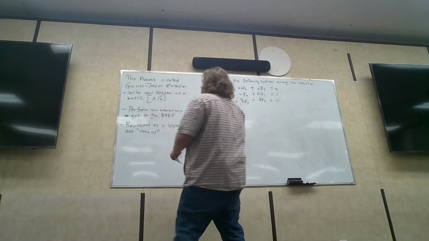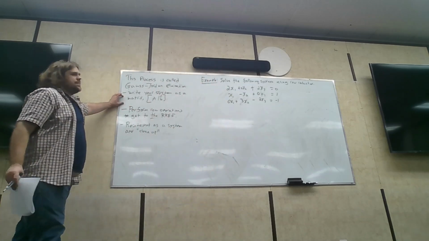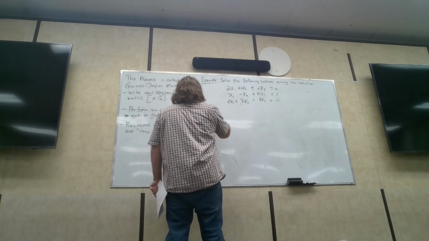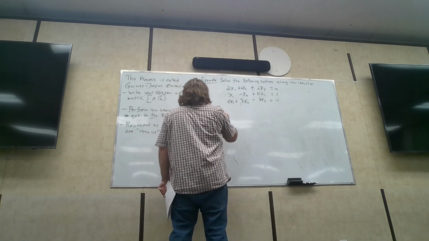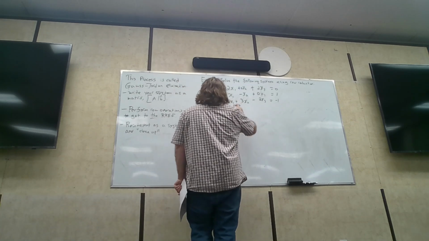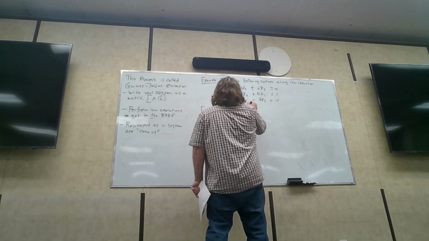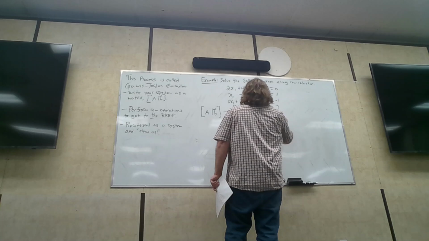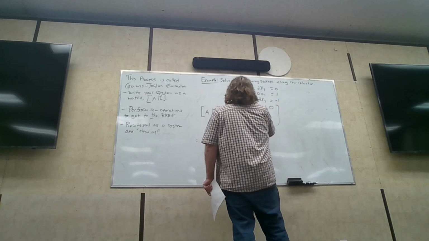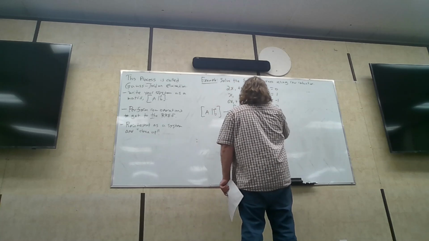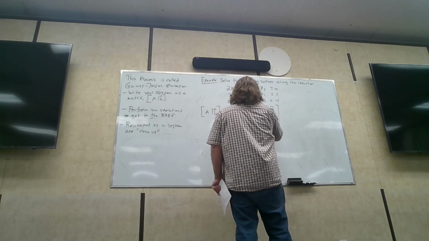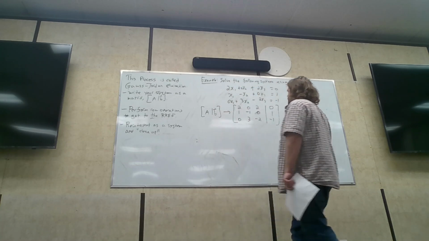So how do we do this? Step 1, write it as this matrix. So we just read this off. 2, 0, 2, slash 0, 1, minus 1, 0, 1, 0, 3, minus 2, minus 1.